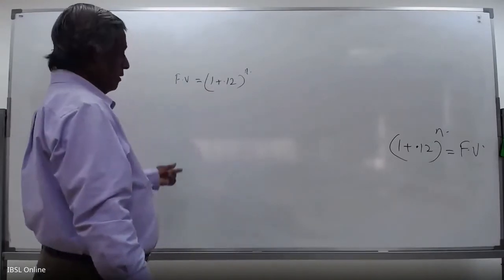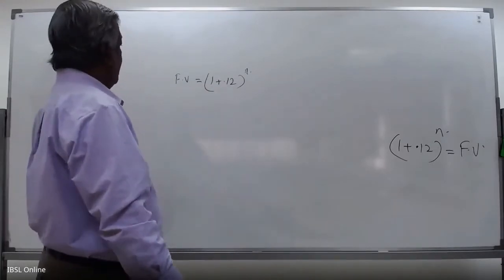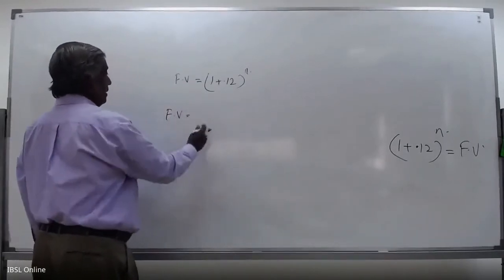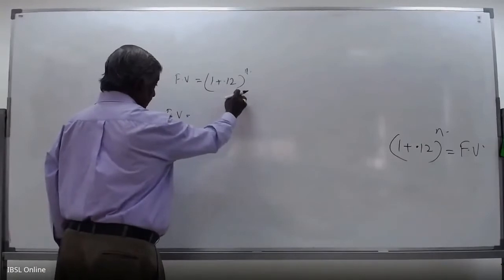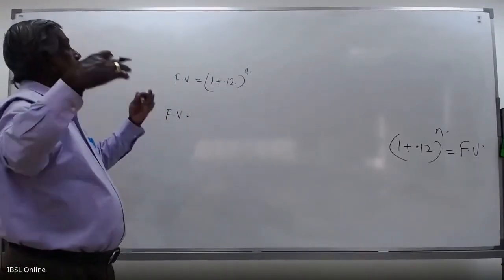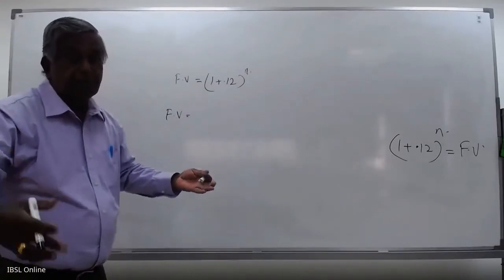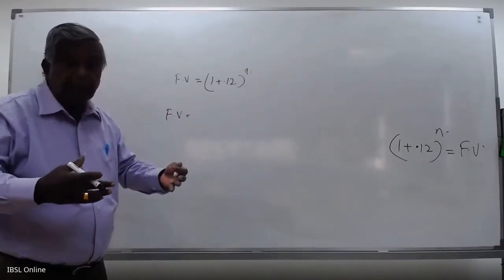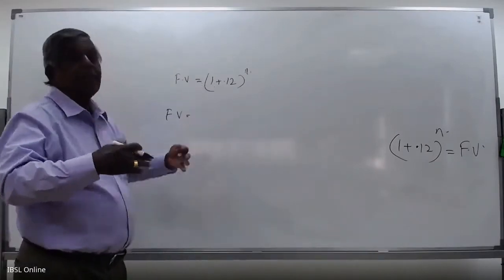So we can make a common formula. This is for 1 rupee. If it is for 100 rupees present value, then you have to multiply by 100. If you have 1 million rupees as the present value, you have to multiply by 1 million.